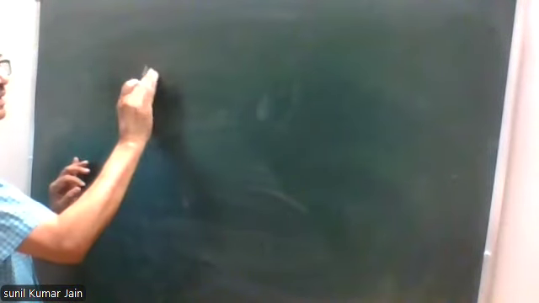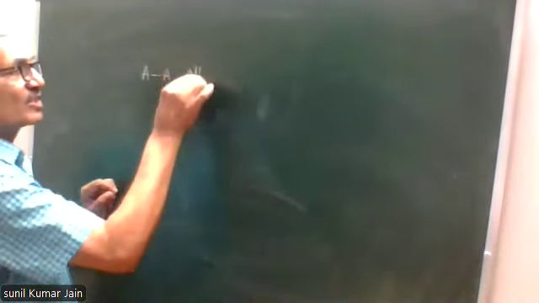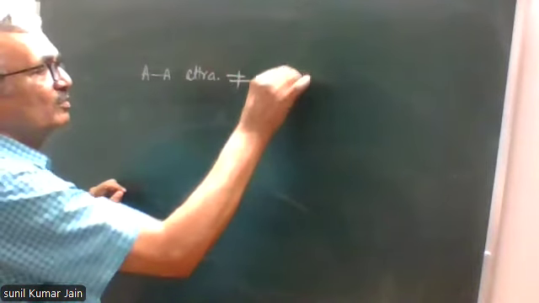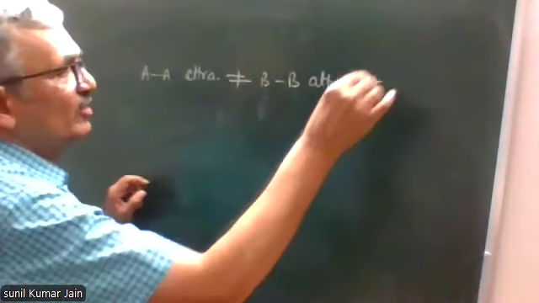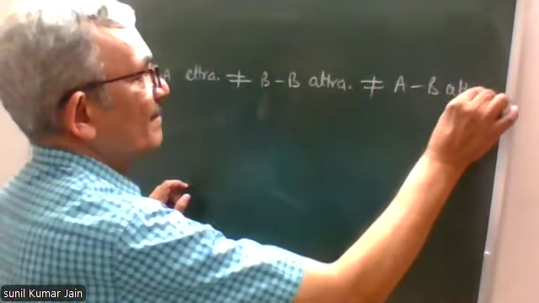Under these conditions, again copy from the board, AA attractions will not be equal to BB attractions, will not be equal to AB attractions.